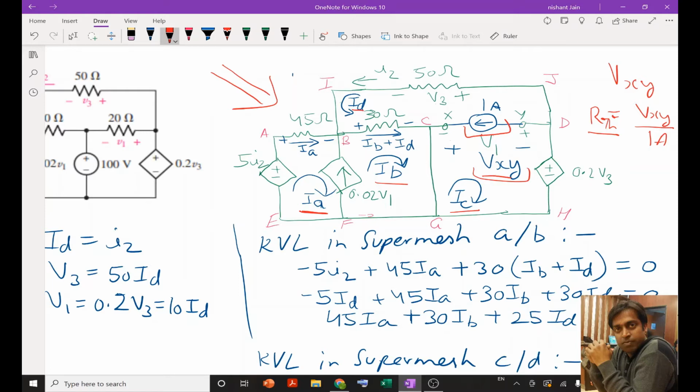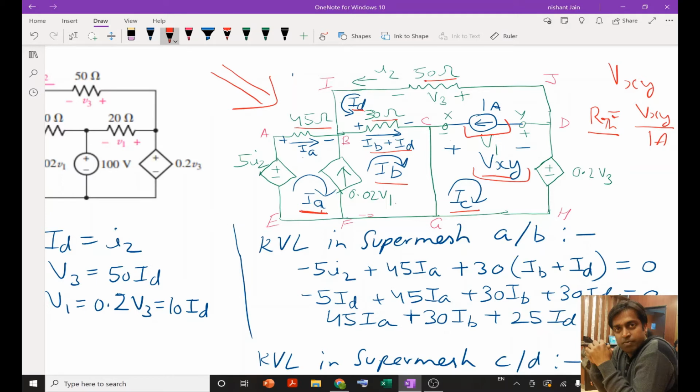With these loop currents, the effective current in this 45 ohm resistor will be IA. In this 30 ohm, it will be IB plus ID. In this 50 ohm, it will be ID, and that's all.